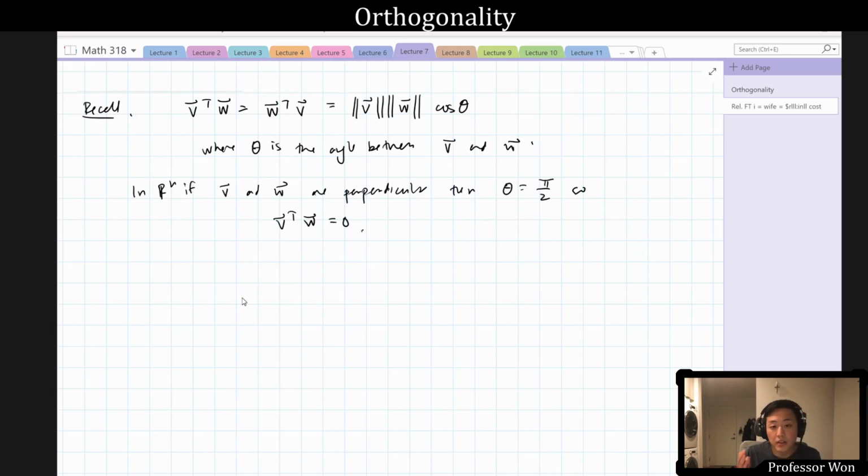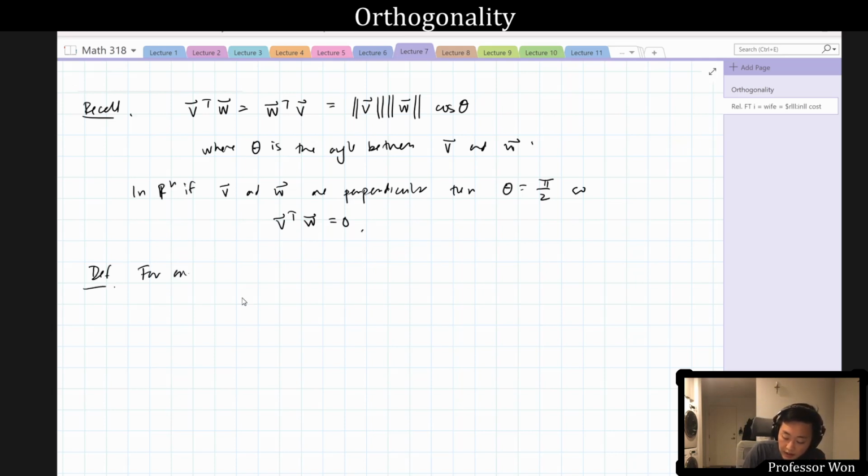So this is the notion that we're going to extend, generalize, and we'll just say, okay, well, if you have a dot product, an inner product on a vector space, you call two vectors orthogonal if their dot product is equal to 0. That's the definition.